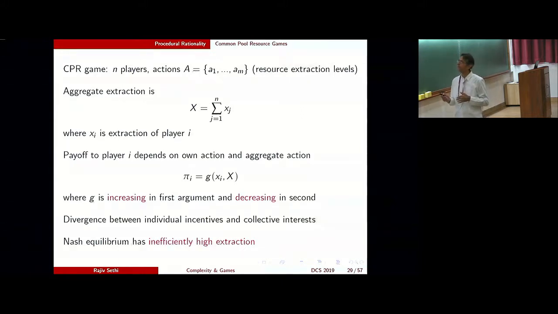You have n players, and you have a set of actions. The set of actions you should think of as extraction levels: how much time and effort you spend taking fish out of the water or taking wood out of the forest. So the higher the action, the more intensively you're exploiting this common pool resource.